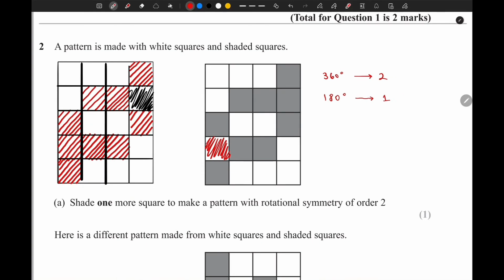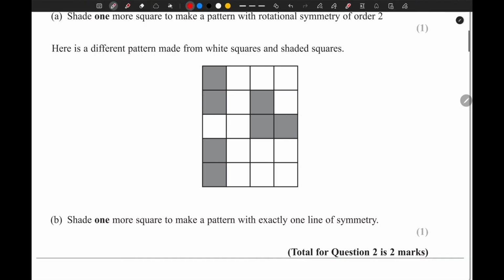So that is it for the first part. Now in the second part, we have another different pattern made from white and shaded squares. We need to shade one more square to make a pattern with exactly one line of symmetry. So this is pretty easy. If you draw a line of symmetry in this part, the only missing thing here is this shaded square.